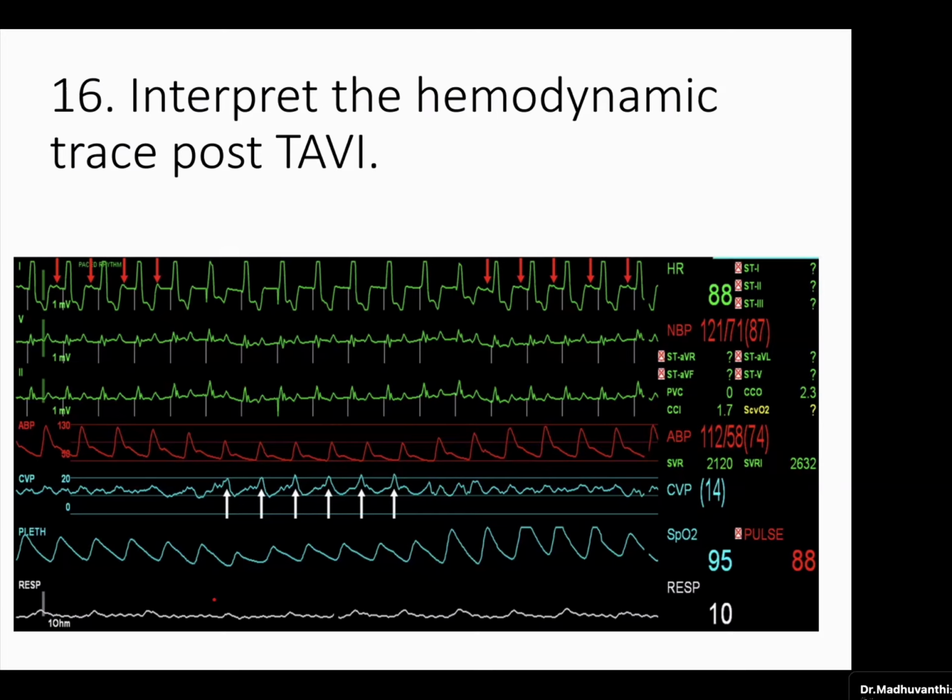It is the atrial contraction occurring against the closed AV valve. So the RV is also contracting, the tricuspid valve is closed, and the atrium is contracting against the closed tricuspid valve. So you have to say that the right atrium is contracting against the closed AV valve while the RV is also contracting. This is the mechanism of the Canon A waves.